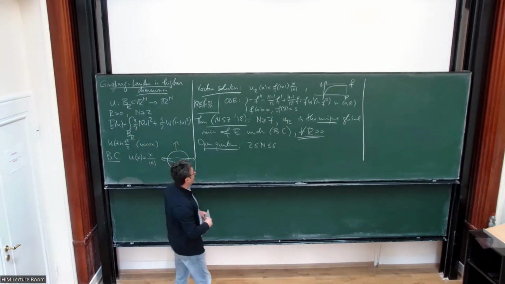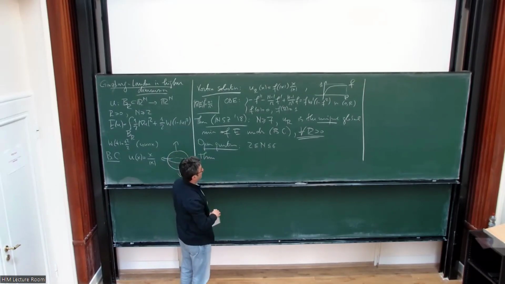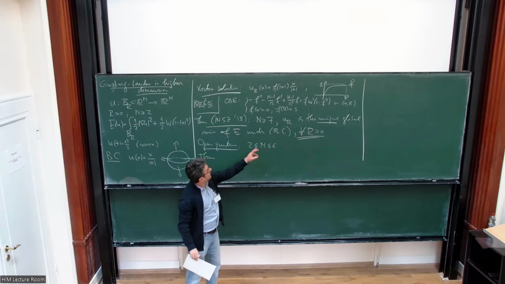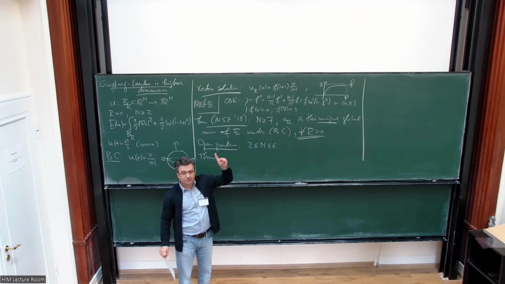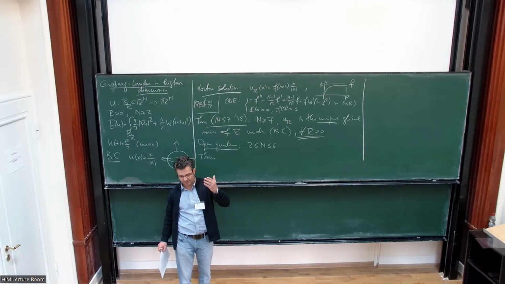And last year with Luc, we proved that in dimension 2 to 6, our solution stays a local minimizer for every R. So in some sense, this is the generalization of the Mironescu and respectively Lieb-Loss theorem from dimension 2 to dimensions 3 to 6. Okay.